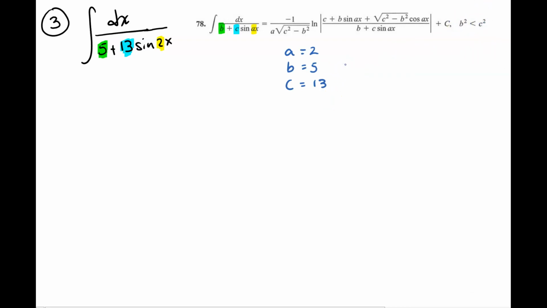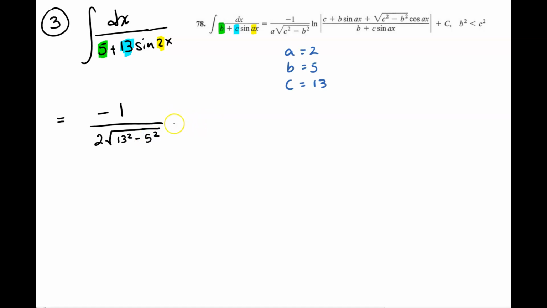So now all we do is plug in the information that we need. That is negative 1 over A, which is 2, times the square root of C squared minus B squared, so 13 squared minus 5 squared.